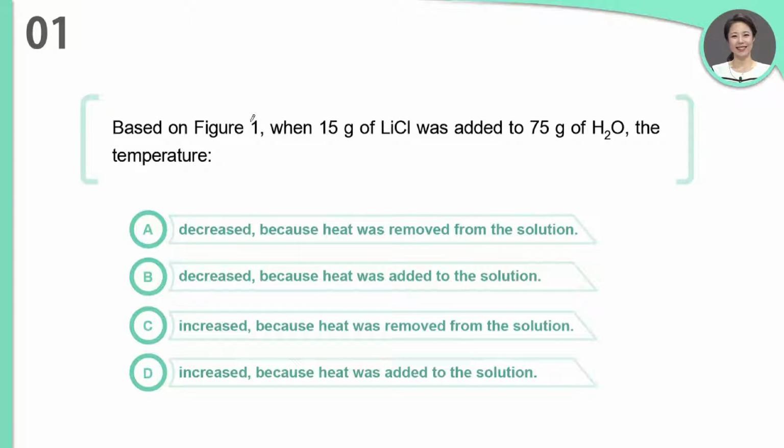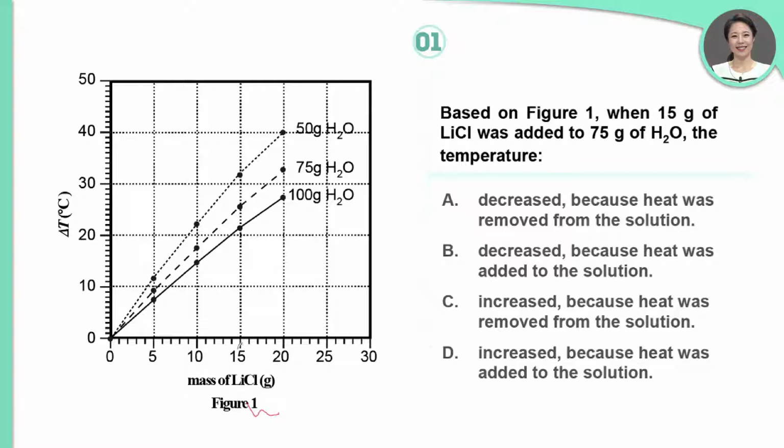Question 1. Based on figure 1, when 15 grams of LiCl was added to 75 grams of water, the temperature... So here they're asking you about the temperature. Okay, let's move on to figure 1. They said 15 grams of LiCl in 75 grams of water. Here you see the temperature increase as you increase the mass of LiCl.